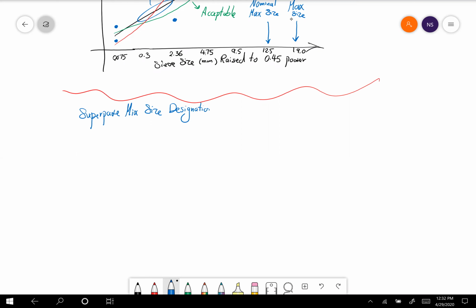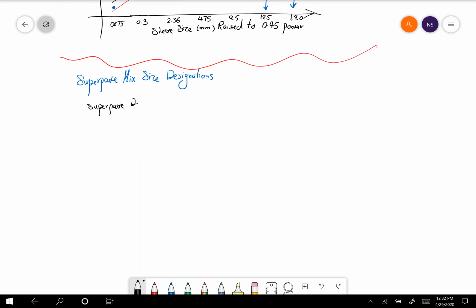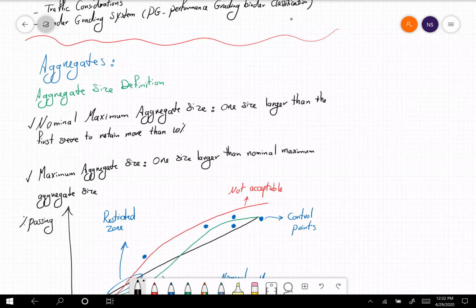So for example, if the SuperPave designation is 37.5 millimeter, then the nominal maximum aggregate size, NMAS, so we can probably define these up here.